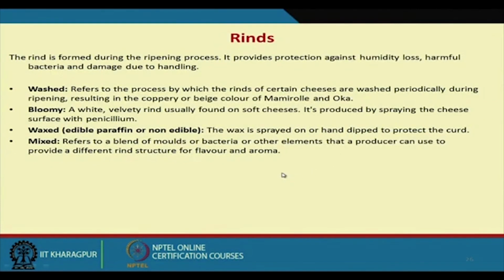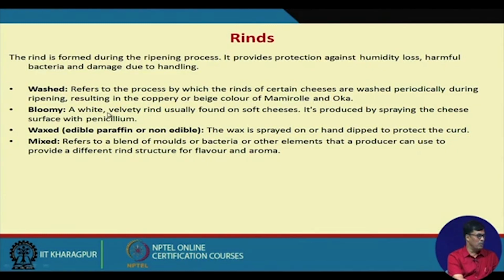Rind is a solidification of the surface. I told you it provides protection against humidity loss, harmful bacteria, and damage due to handling. So these are the different purposes for which rind formation is carried out. One is washed, which refers to the process by which the rind of certain cheeses is washed periodically during ripening, resulting in the coppery or beige color of Maroilles and Époisses.